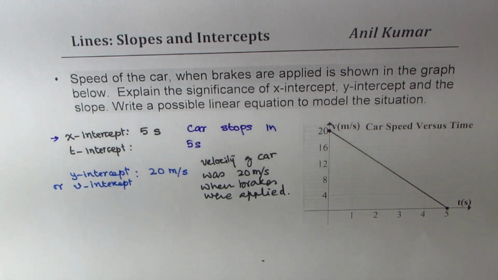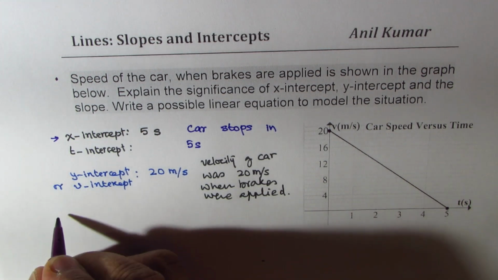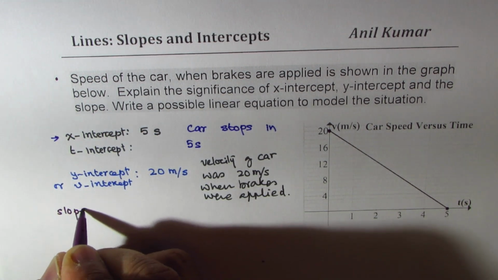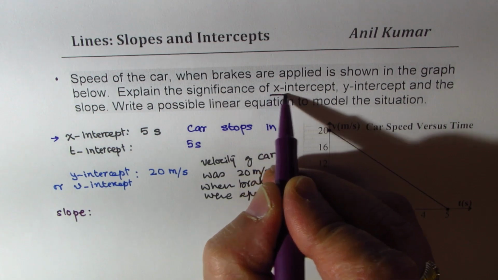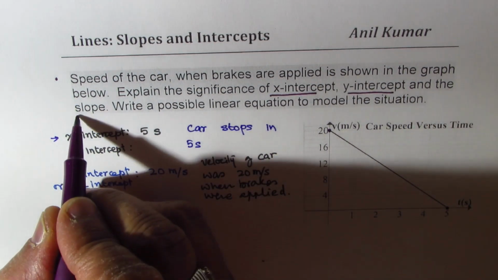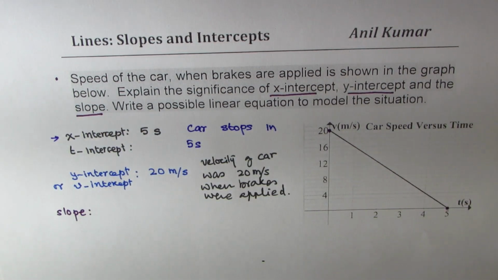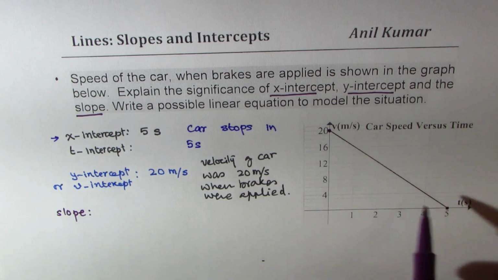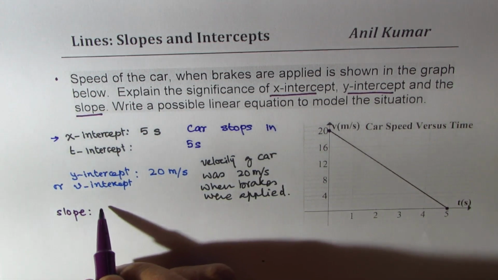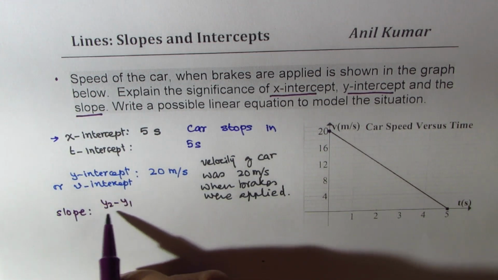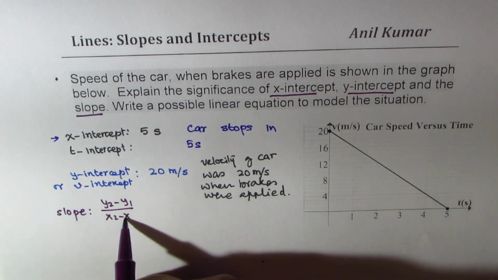How about slope? Now let's talk about slope. So we are done with the x-intercept, y-intercept, and now we are talking about slope. The slope is the rate of change and it's a constant slope. So we could consider these 2 points here. We can find slope with the equation y2 minus y1 over x2 minus x1.